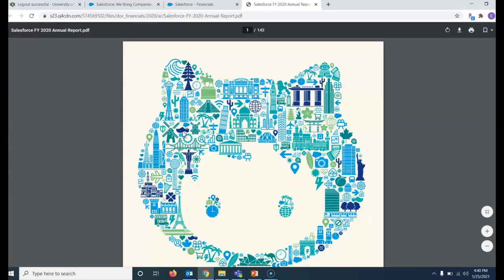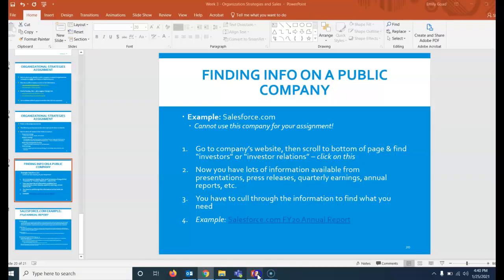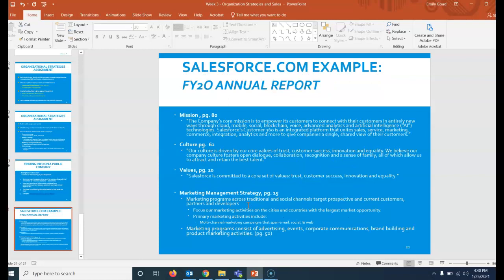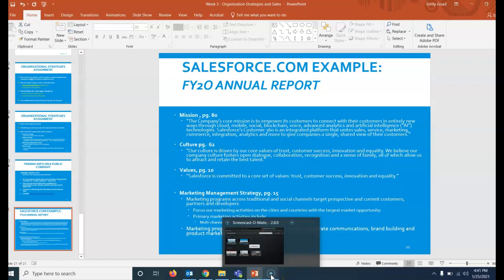And if you're looking at the annual report, you can easily search for things. So let's see here. I did use their FY20 annual report. And so you have to cull through the information. But looking at this annual report, you can see, okay, mission, culture, values. And those are some of the things that are going to go within your assignment.